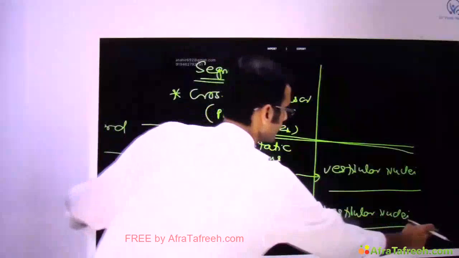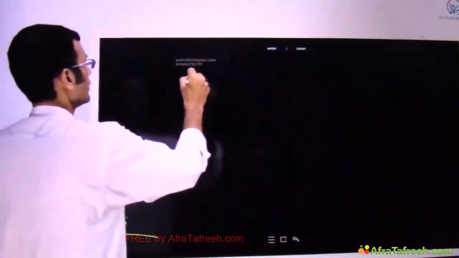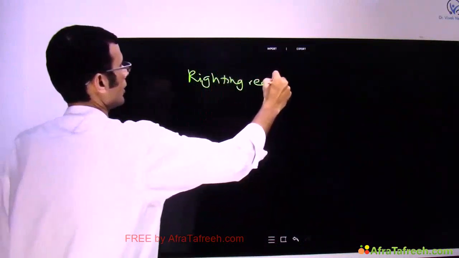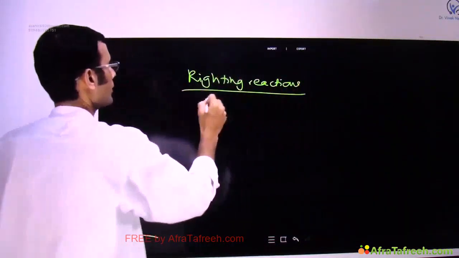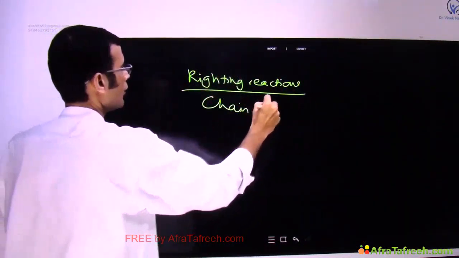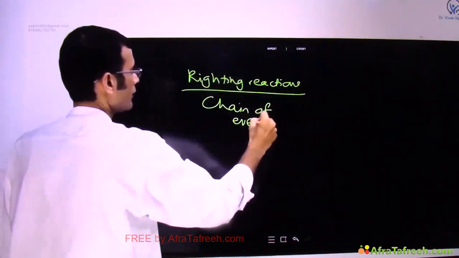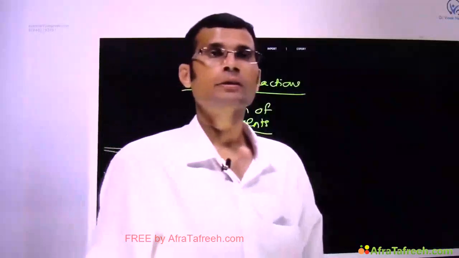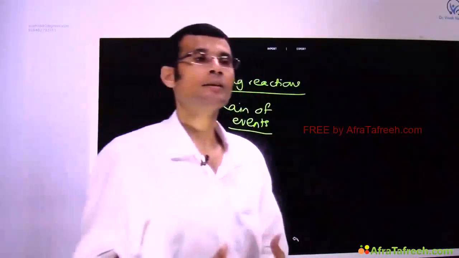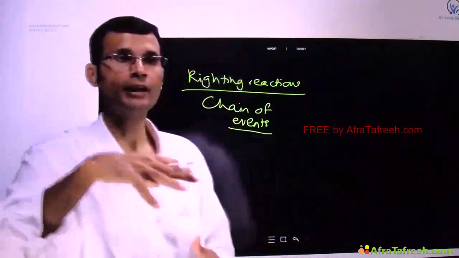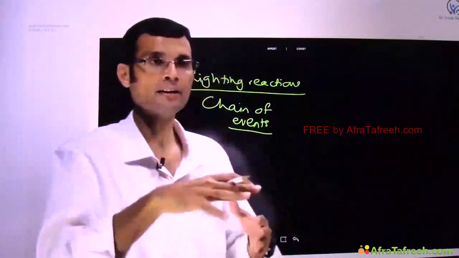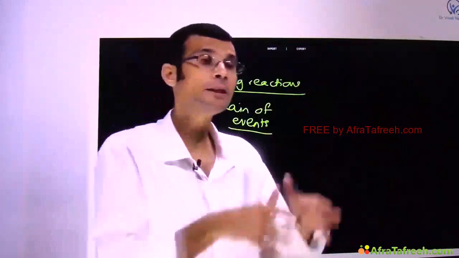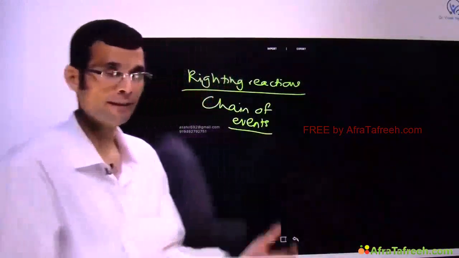The next reactions are righting reactions. Righting reactions are a chain of events, series of events which occur one after the other. The animal rights the head up, corrects the head, and the body follows suit, and then finally the animal actively assumes the upright posture by itself.